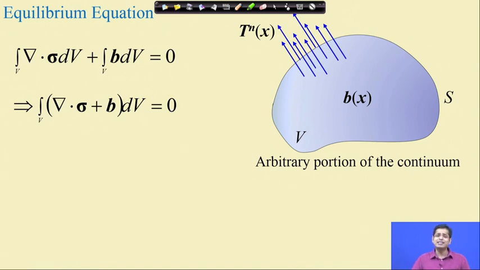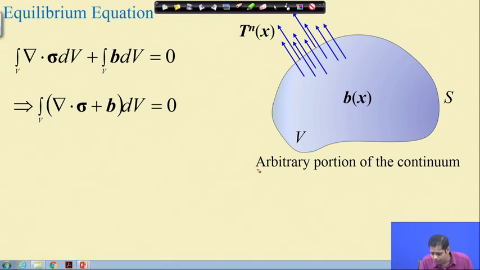Now, you see, this is true for when we took this chunk of continuum from the entire domain, we did not make any specific assumption. We have just taken it in an arbitrary manner. This is an arbitrary portion. This is a very important word, arbitrary portion. So, this equation is valid for any part. Any chunk of any portion you take from the entire domain, this equation is valid.